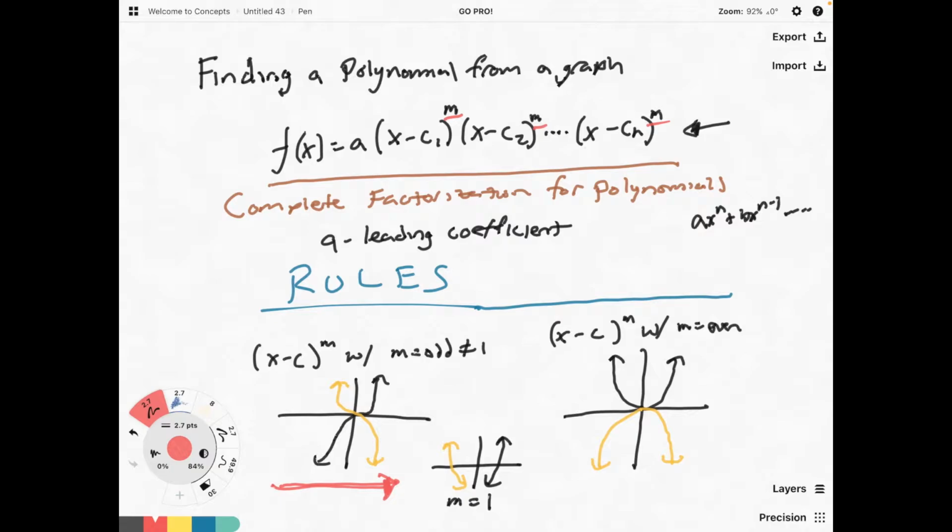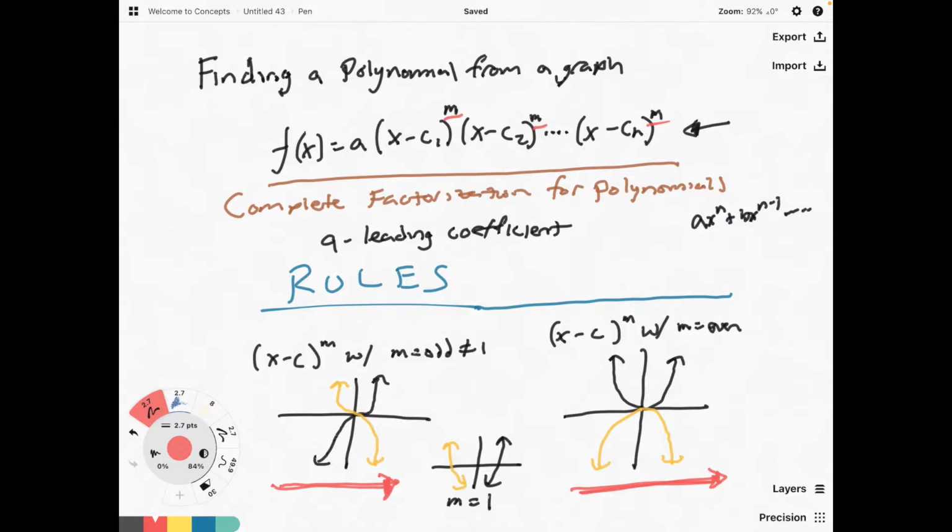Similarly, if we are looking at an even function, so we have x minus c raised to some value, so x squared, x to the fourth, you're going to get a function that resembles a graph similar to this, what we have here. And we know that the sign never changes as x increases from left to right, and it does not cross the x-axis.